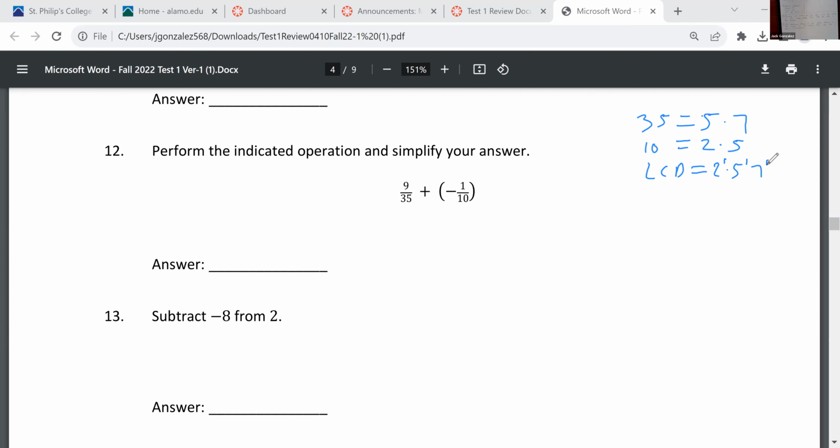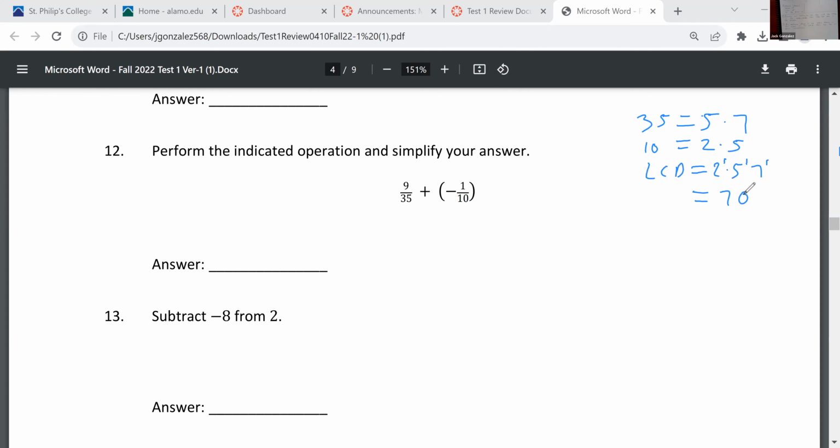Not the total. Don't do the total. 2 times 5 times 7. The answer is 70. The easiest way to do it in your head is to look at these numbers and see the smallest number they divide into. But I do want you to break it up, get comfortable with this method. Okay. Now that we know it's 70, change them both to 70s.